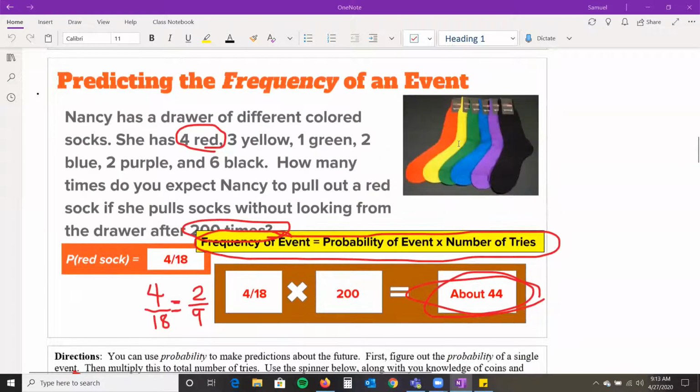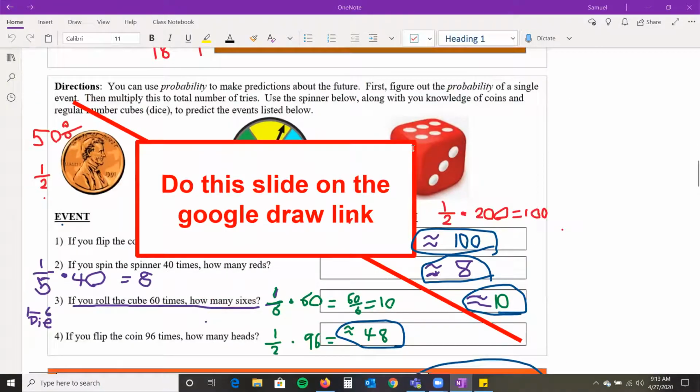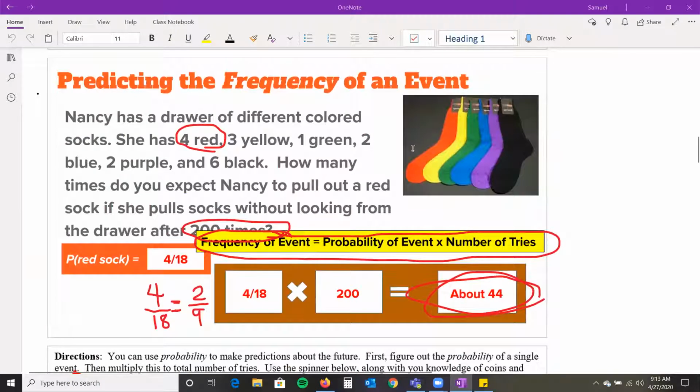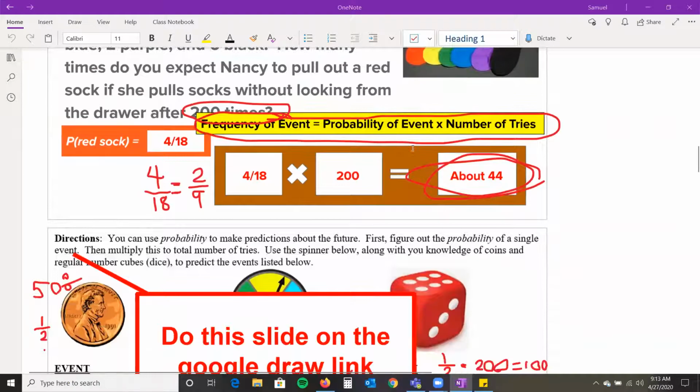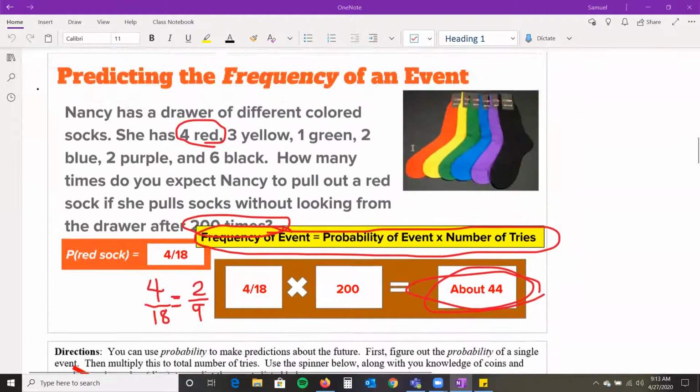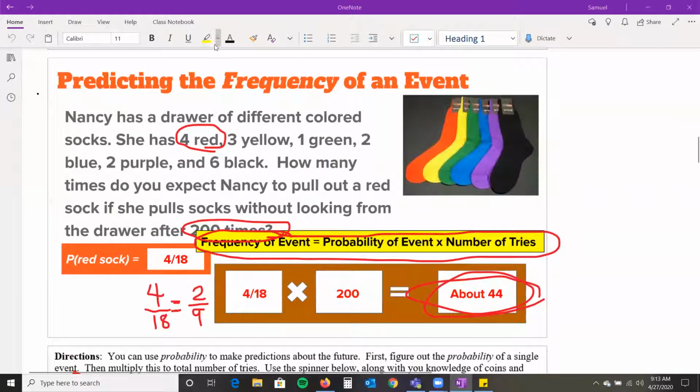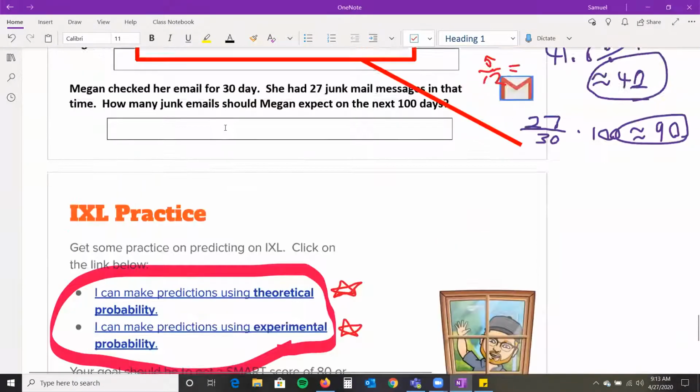And then we talked about the probability based on the frequency of an event, okay? And that is basically another way of saying experimental probability. So if we had no idea how many socks she had, I mean, in this case, we do know, right?